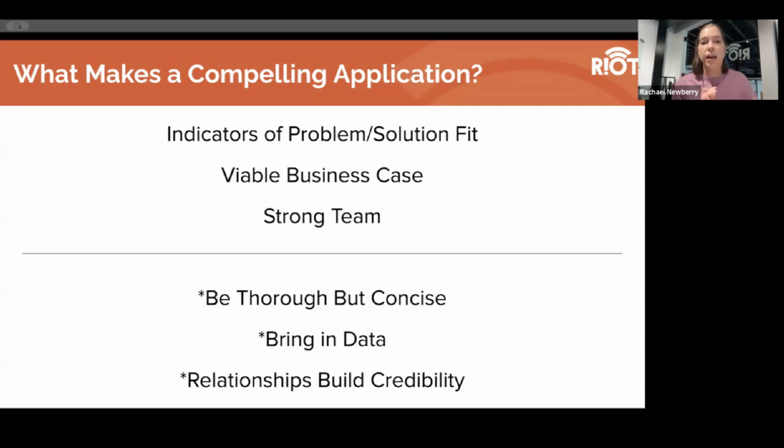So it's not extremely intensive. It shouldn't take more than a couple of hours. But we do look for applications that are fully complete because it gives us the complete information to assess your business. So just pay attention to that.